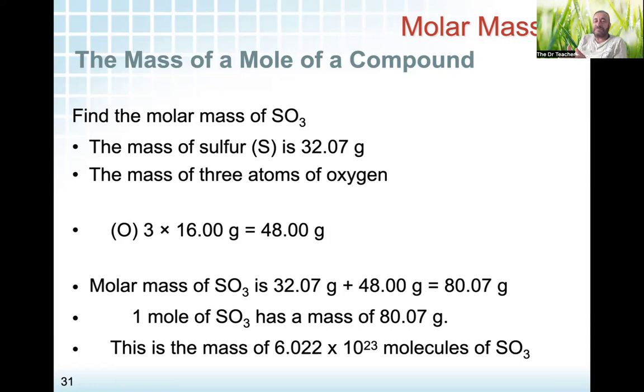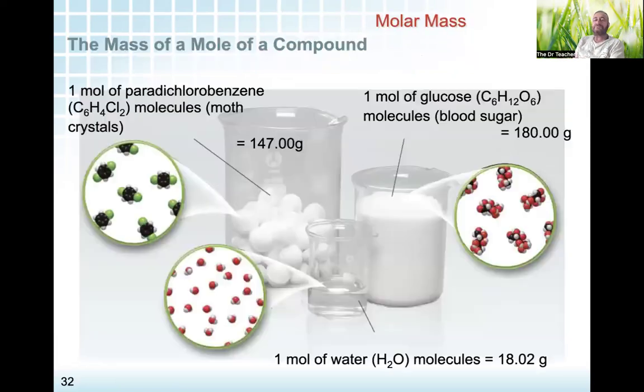So this is the simplest molecule we can find from the combination of sulfur and oxygen. In the case of SO3, you have 1 mole of SO3. It has Avogadro number, and it has a weight of the combination of sulfur and 3 oxygen, atomic weight. Molar mass, the mass of a mole of a compound.